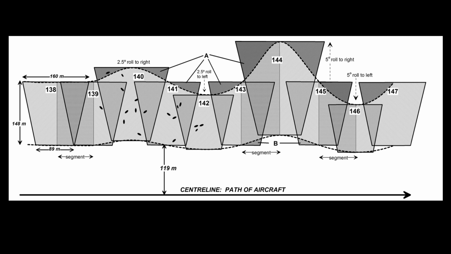I'm not going to go into too much detail on this, but Rich's paper about Savo really covers this very well, and some of his other articles about Uganda. But there are ways of ensuring that you're still getting a good area estimate as well as your wildlife estimates. That extreme roll shown by the trapezoid in the middle there, frame 144, is quite extreme. You rarely get that much roll.